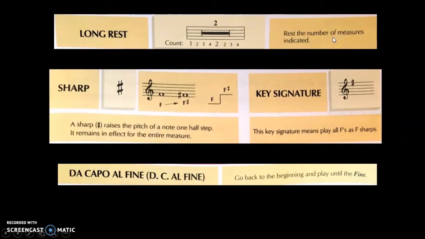These are whole measures, and in this instance, we're talking about 2 measures in 4/4 time. So then we would count 1, 2, 3, 4, 2, 2, 3, 4, and then we play the next measure that came after that. If this was a different number, like 5, then we'd be resting for 5 measures. Or if it was 8, we'd be resting for 8 measures.